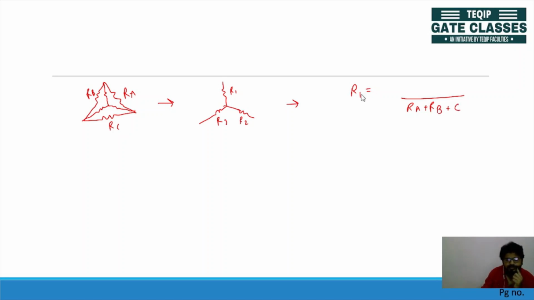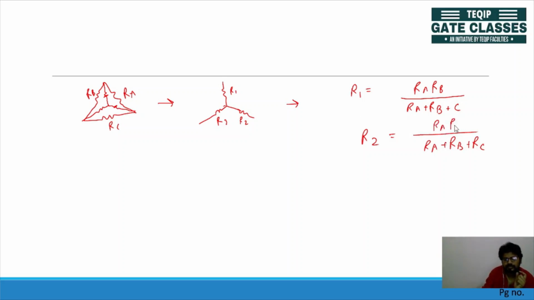And what will be the numerator? Numerator will be, if we are calculating this branch, that is R1, then the multiplication of adjacent branches, that is RA and RB, will be in numerator, RA, RB. Okay, so when we are calculating R2, that is this branch, the denominator will be the same, that is the sum of all delta branches, RA plus RB plus RC, and the numerator will be the product of adjacent branches, that is RA and RC.